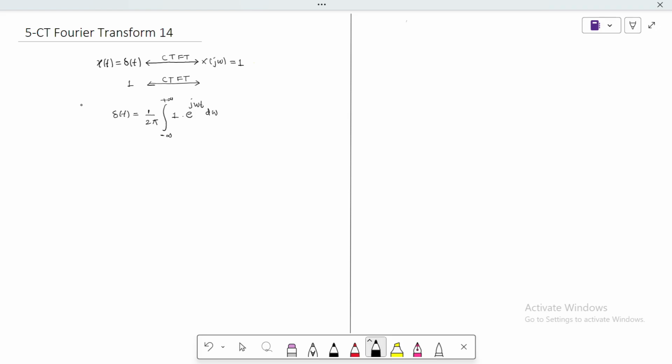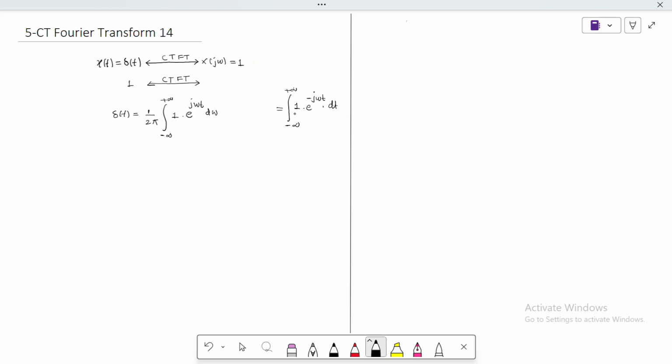Now we have to find the Fourier transform of the one, the formula: integral from minus infinity to plus infinity of 1 into e power minus j omega t into dt. So this integration is nothing but the Fourier transform of this one.